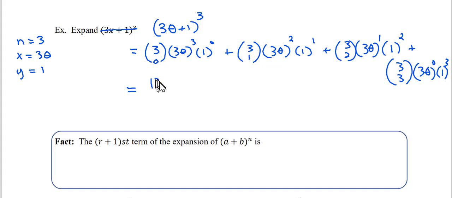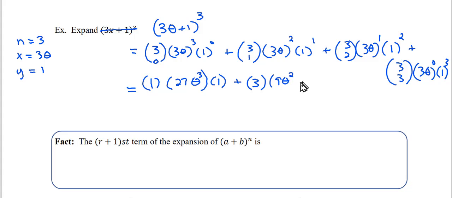So this is 1. That'll be 27 theta cubed. Cube the theta, right?